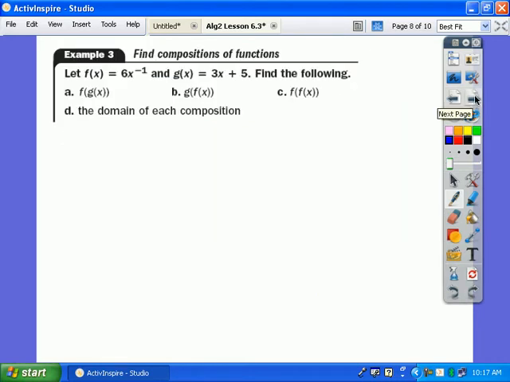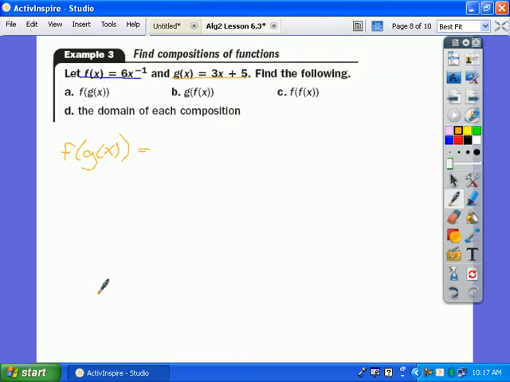So here we're going to define f of x is 6x to the negative first, and we're going to define g of x is 3x plus 5. The first function they want us to make is called f of g of x.